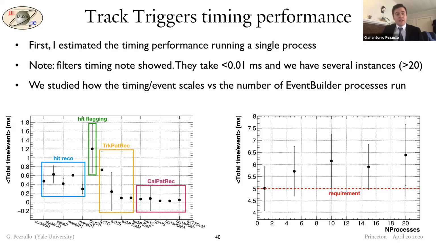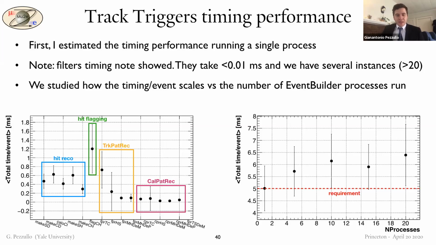But we have other mitigation strategies as well, like pre-filtering the hits using the calorimeter information, which will reduce the total time at 20 cores below this 5 millisecond line, moving it to between 3.5 and 4. That will slightly reduce the trigger efficiencies, but still allow us to achieve 90% trigger efficiency and match the timing requirement. But we're also trying to improve the timing of these modules, essentially improving the code.